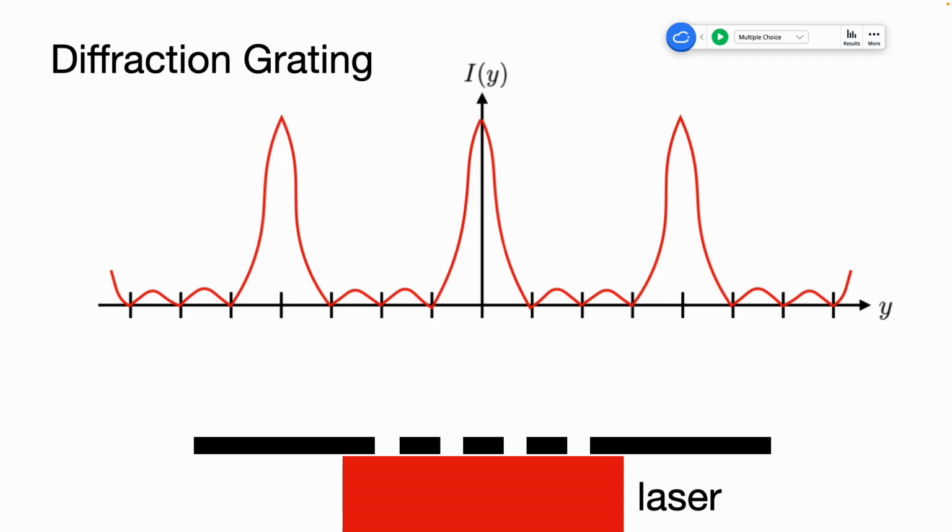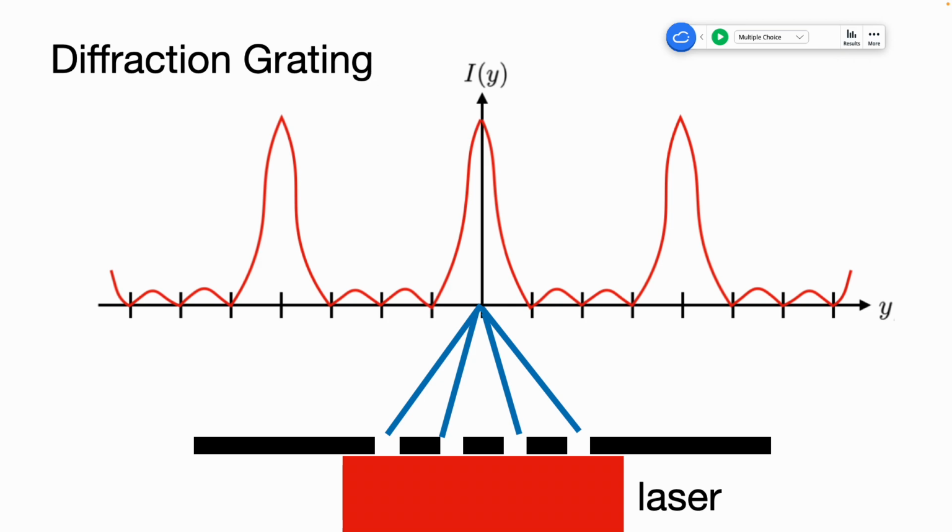At the center, even though this one's farther and this one's closer, if I move the screen far enough, then these two will be equally far at this point. These two will be equally far at this point. So together, they are all helping each other. They have constructive interference. So at the center is still a peak.